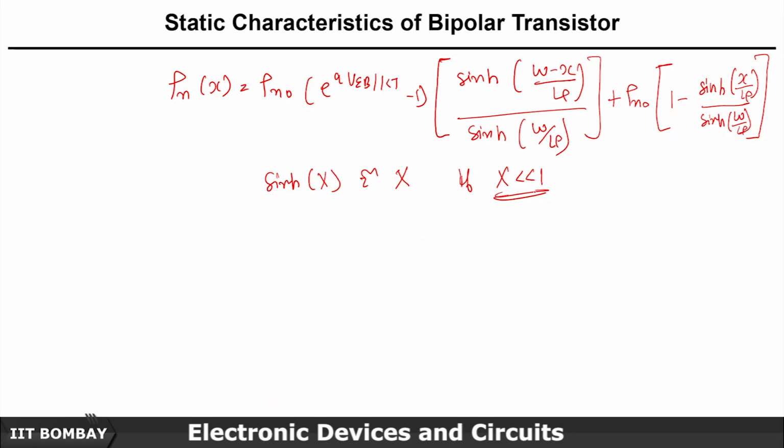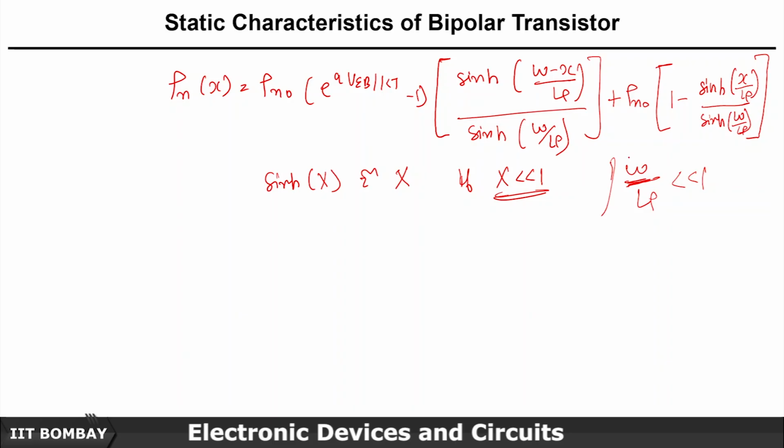Using this approximation, and you also need to keep in mind that this approximation is valid because the width of the base is much lower than the diffusion length. Otherwise, if it were more or less the same as the diffusion length, then most of these holes would recombine in this base region, right? We want the holes coming from the emitter to pass through this base and reach the collector.